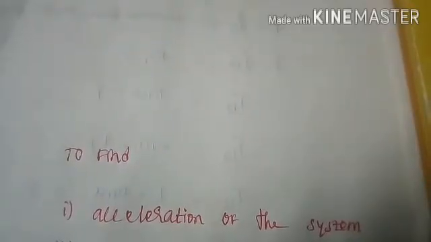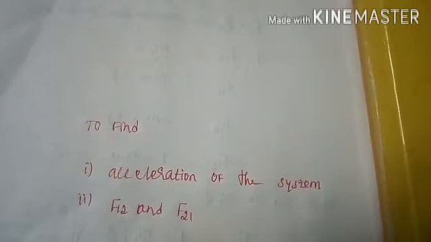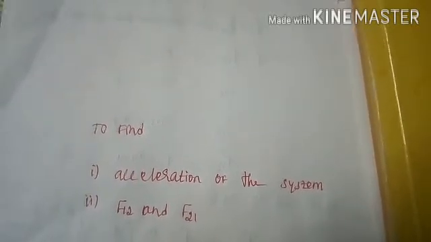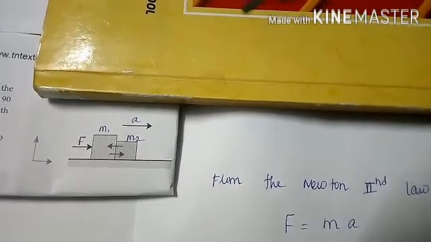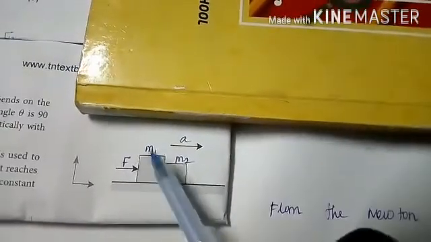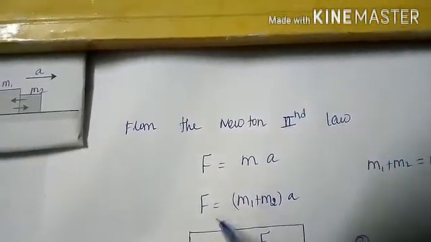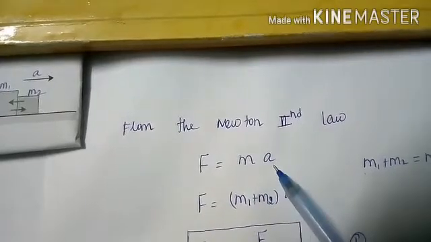Next, from the above activity, we need to find the acceleration of the system and the forces F12 and F21. First, let's find the acceleration. How? From this diagram, we have force, mass, and acceleration. So from Newton's second law, F equal to m into a.